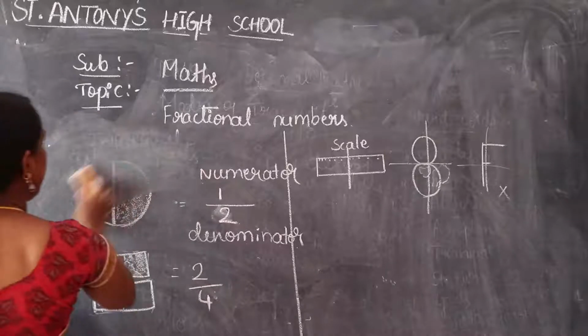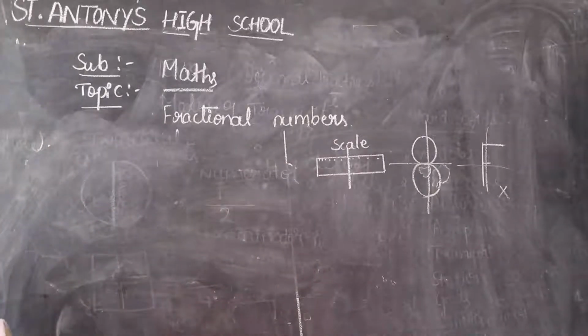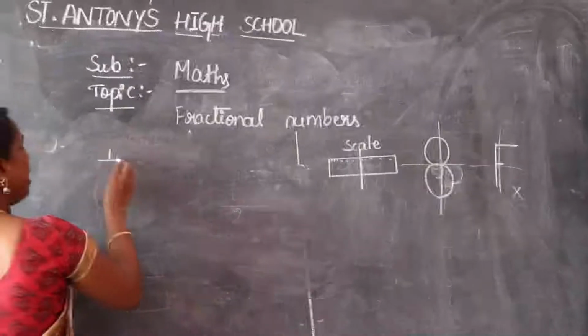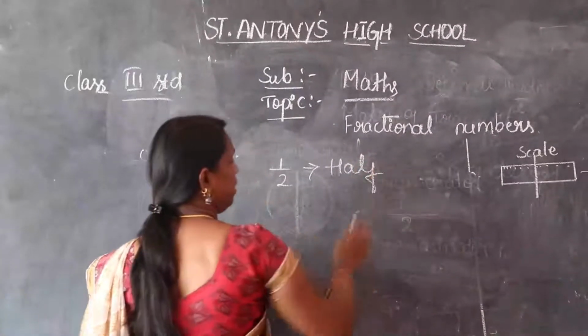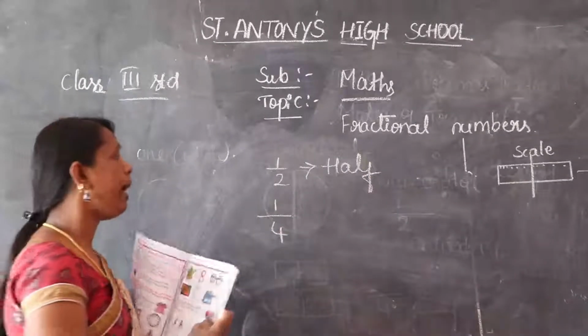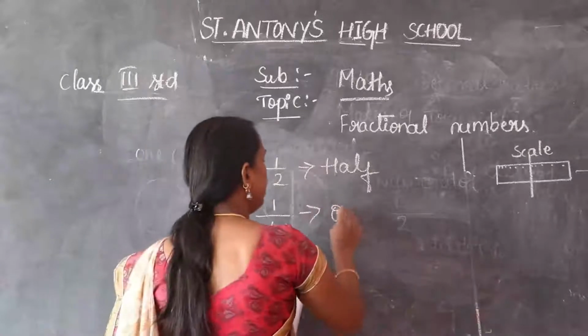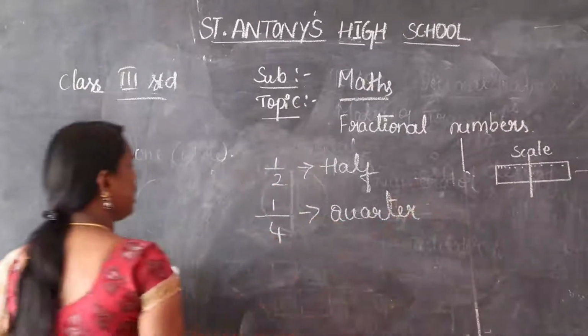In fractions we can call 1 by 2 half. And 1 by 4 is called a quarter. How can we write the quarter?